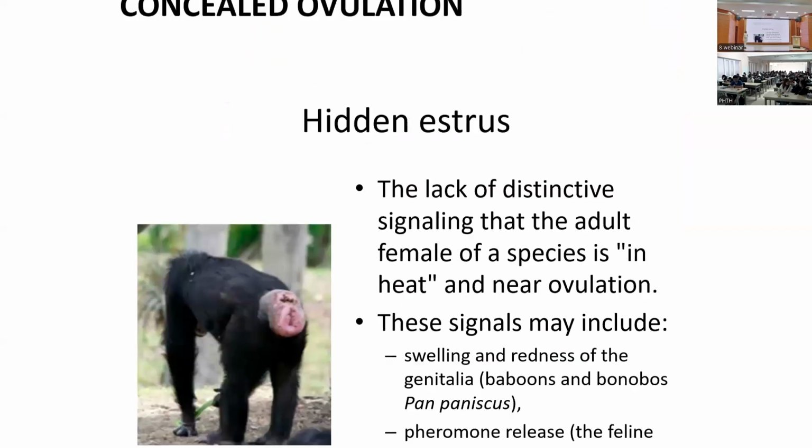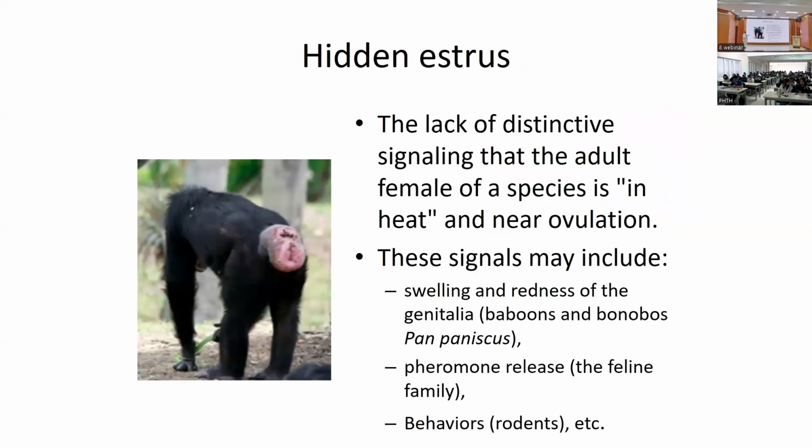And this is the concealed ovulation. And those are the typical signals that the animals are using, that we are not using, that we do not have. We are not changing the color of the vagina. We are not changing the color of our face. We are not producing any kind of particular smell.